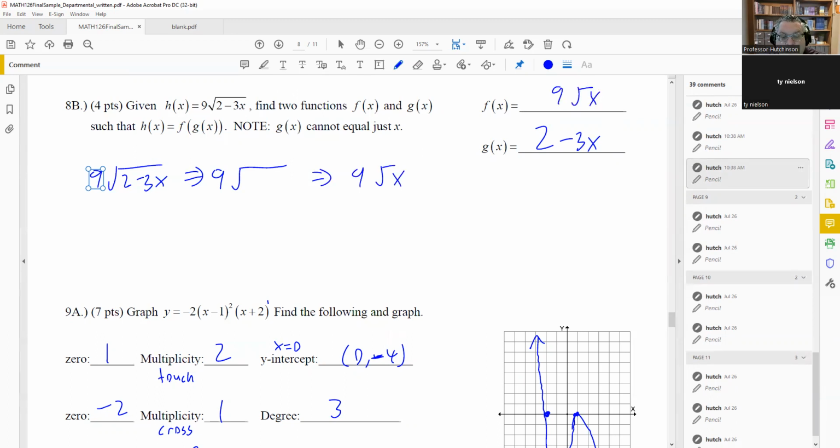You're always going to do the same process for each one. Normally what we would do is replace the g with the x function that we'd have. So if we're going in reverse, you replace the g with an x. So that's what we're doing here. Originally we had that, that's our g, we get rid of it, replace it with an x, and that's how you get the f of x function.